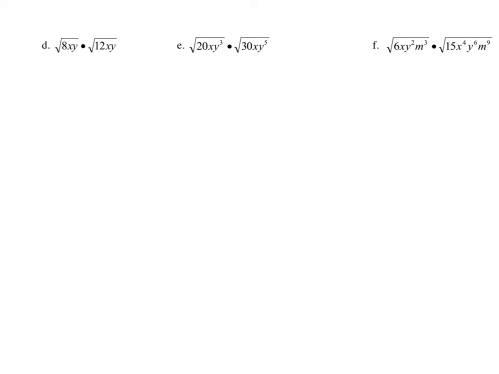Okay, for letter D, I'm going to do this one different than I'm going to do for letter E, but it could be done a couple different ways. So before I start multiplying anything together, as far as my whole numbers are concerned, I'm just going to rewrite my whole numbers first. So root 8 times root 12.